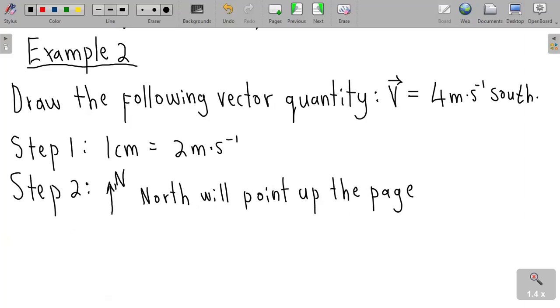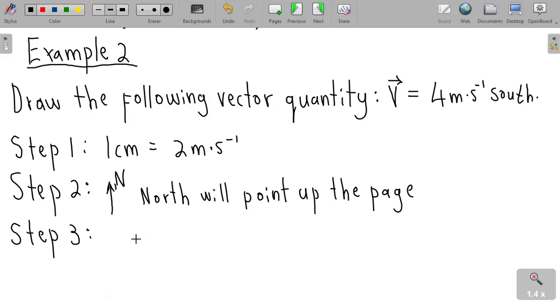And then step 3, we must determine the size of the vector, the arrow representing the vector, using the scale.